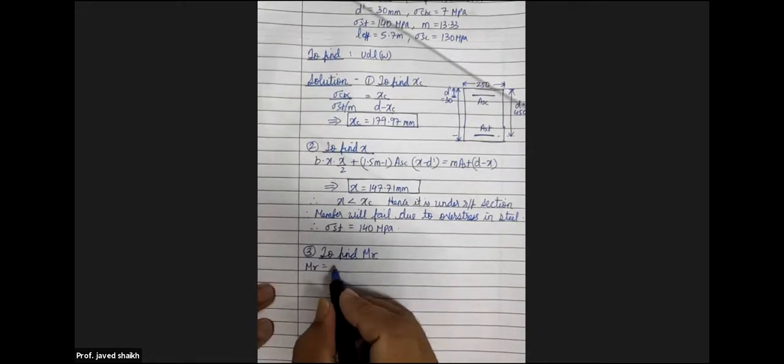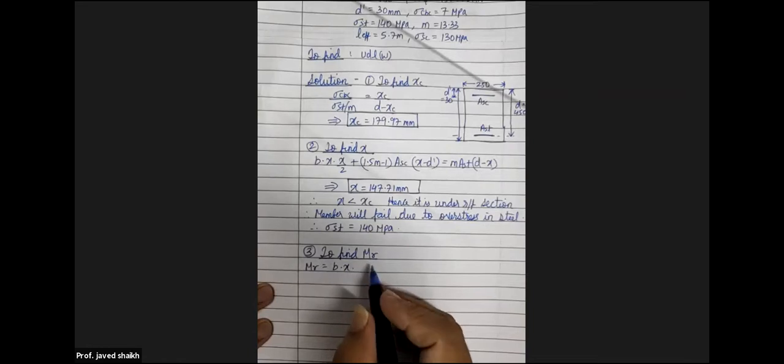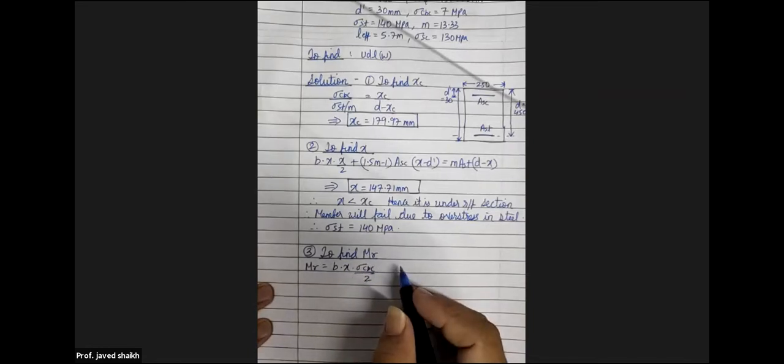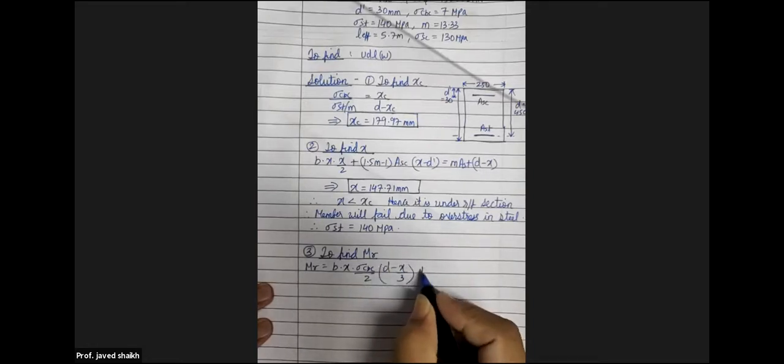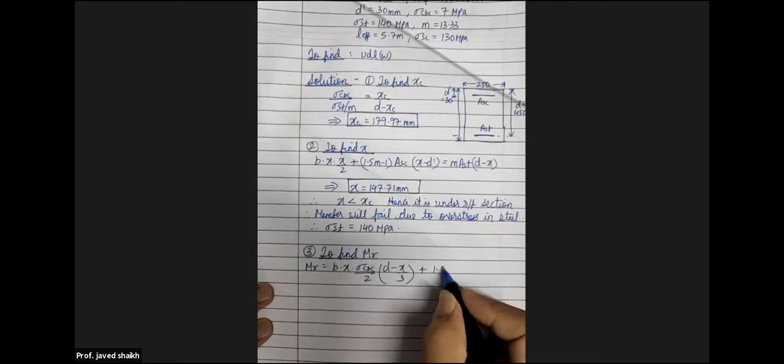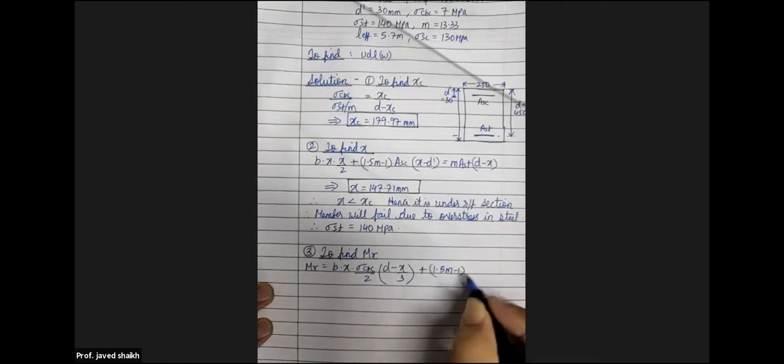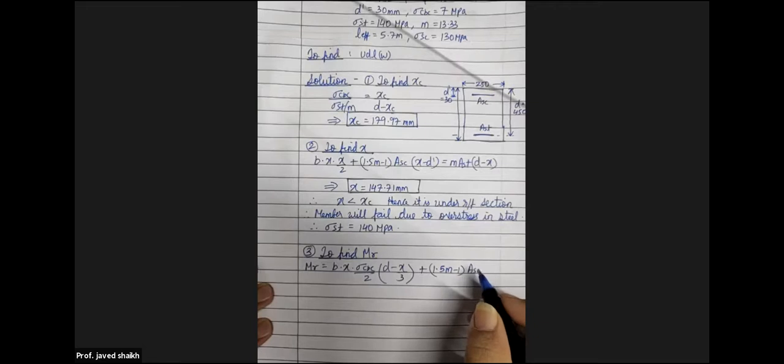So that is B into X into sigma CBC by 2 into D minus X by 3 plus 1.5 M minus 1 into ASC into sigma dash CBC into D minus D dash. Correct? Equation is correct.